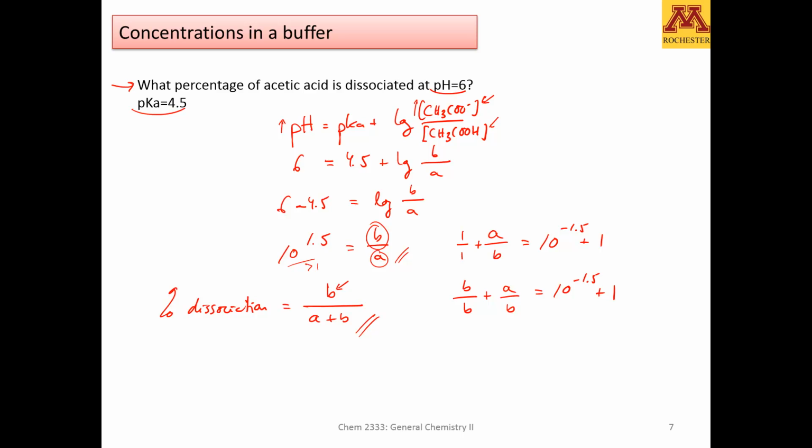And now let's add B plus A over B, which is 10 to the negative 1.5 plus 1. Now if we just flip this again, B over B plus A, and you flip this again, it is 1 over 1 plus 10 to the minus 1.5, there you go.